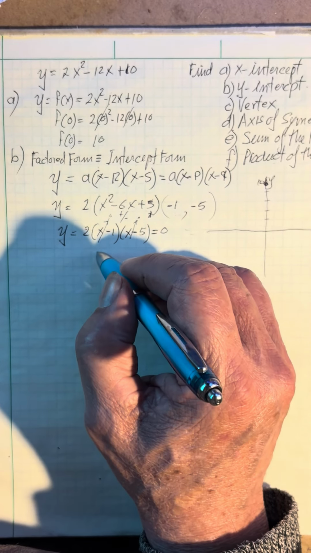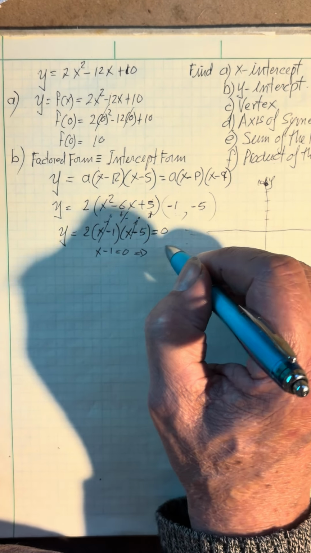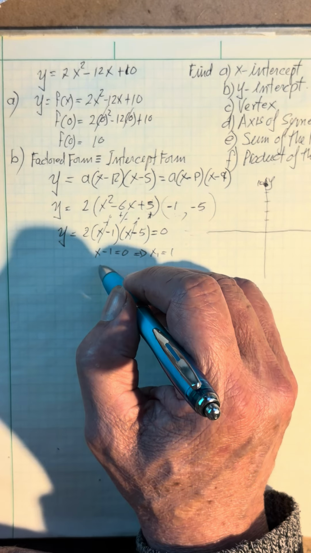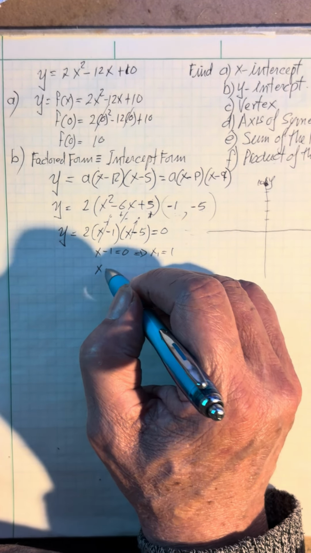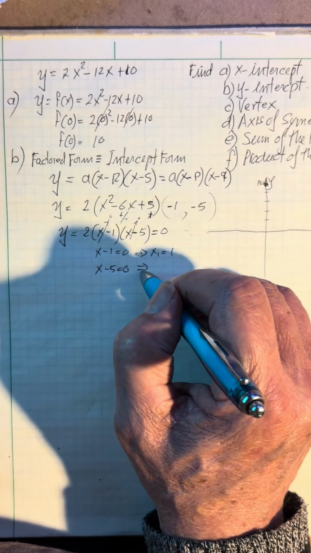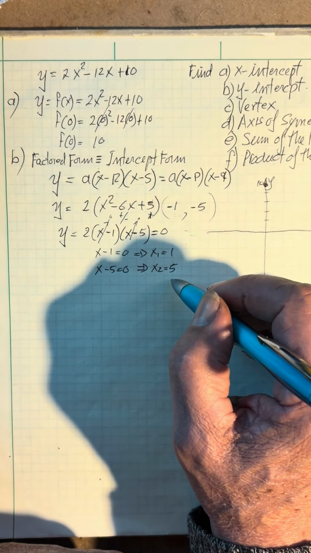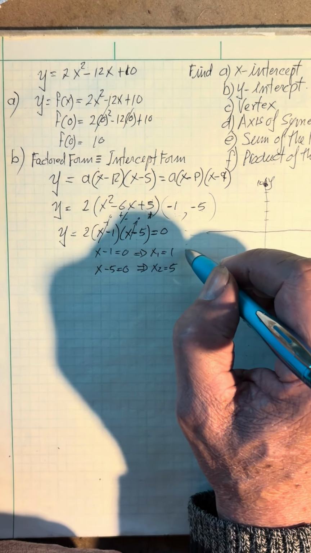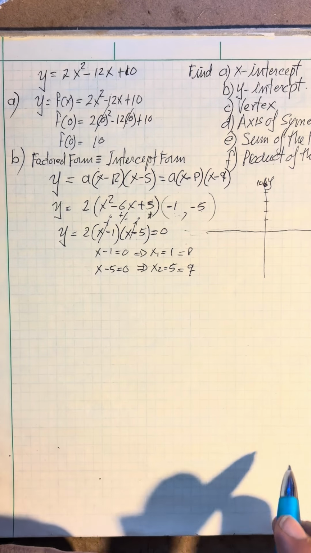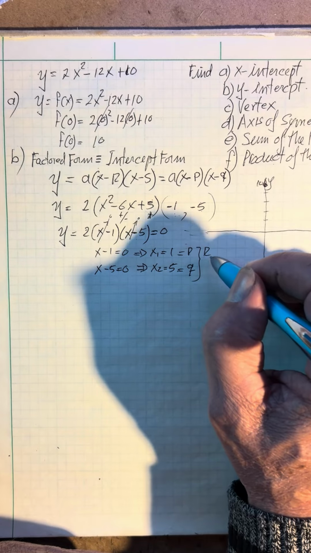For that, we can determine that x1 is equal to 1, and on the other one we have x minus 5 equals 0, which implies that x2 is equal to 5. So we can call this one equal to P, and this one we call equal to Q. And these are basically the roots.